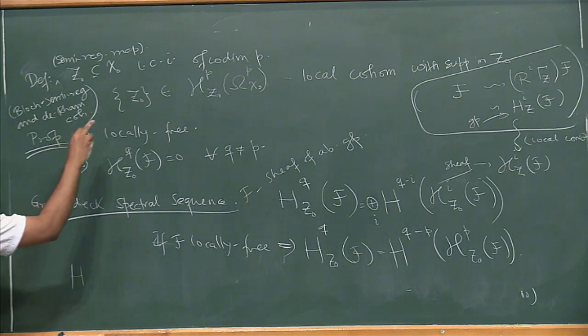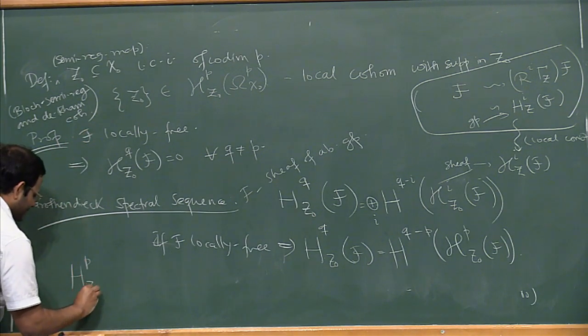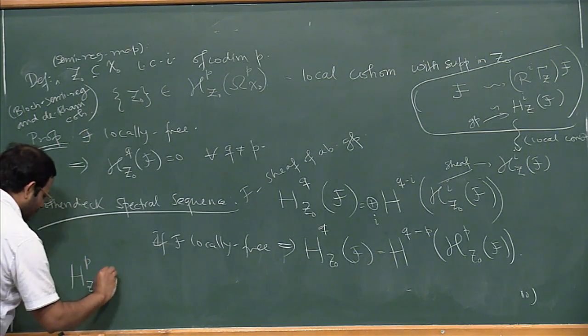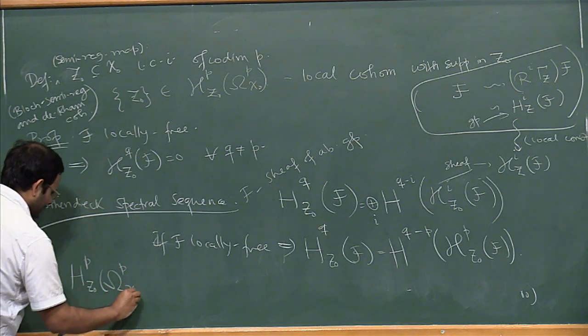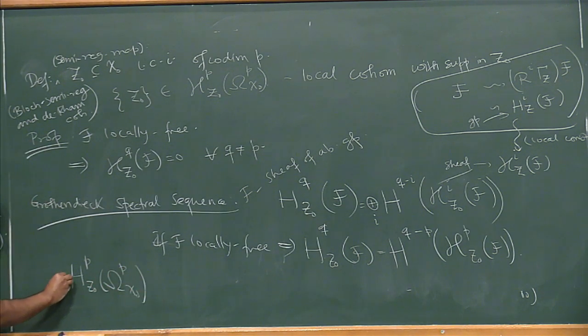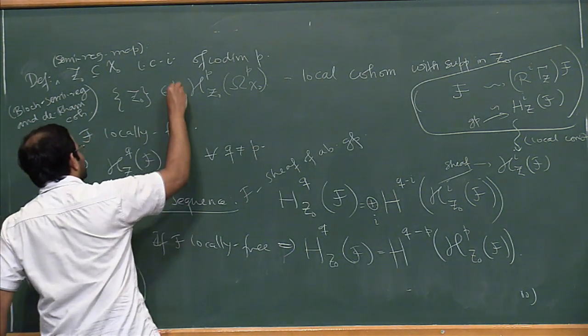Now, so H^P_{Z0} of Omega^p, by this result is just the global section of this. So now I have this in here. Actually, this will be a global section in here.